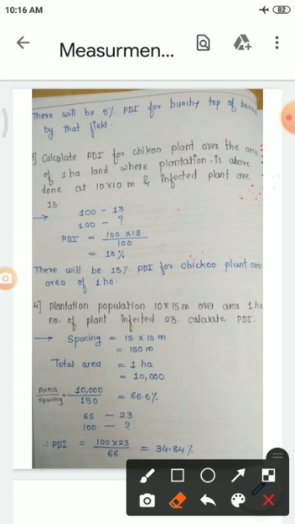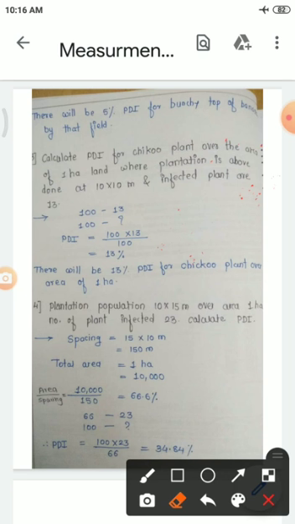Very simple here: the spacing 15 by 10 meter is equal to 150 square meter. Total area is 1 hectare, that is 10,000 square meter. So area divided by spacing is 10,000 divided by 150, so near about 67 plants will be there.